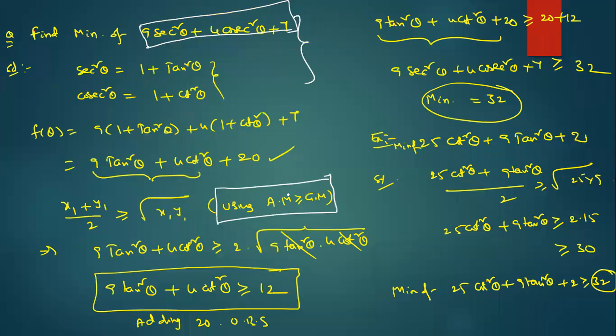Convert to reciprocals. That's the logic. So here also the same thing. Minimum or maximum, anything. So write down here, the concept used is AM is greater than or equal to GM. AM means arithmetic mean, GM means geometric mean. That is the meaning.